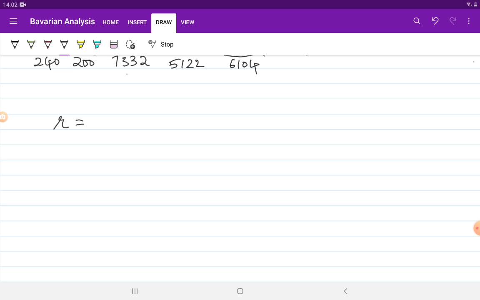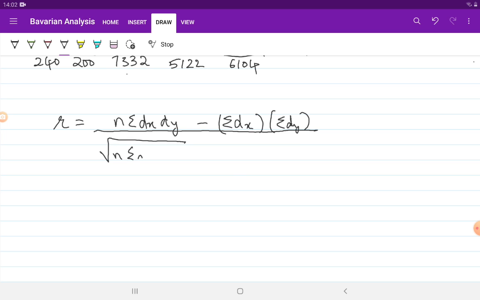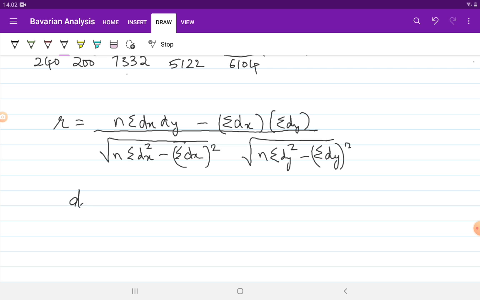So based on that, instead of n times summation xy, it is summation dx dy minus summation dx into summation dy, divided by under the root n times summation dx square minus summation dx whole square, and here we have n times summation dy square minus summation dy whole square, where dx is x minus an assumed mean a.